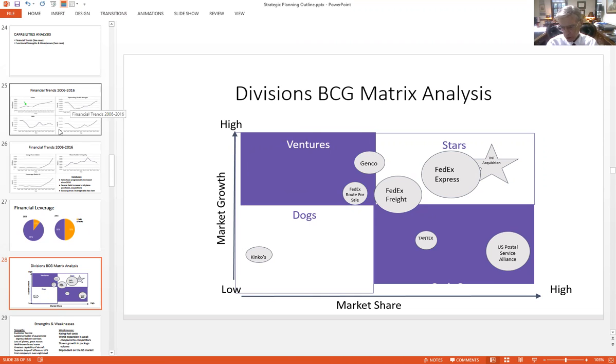You're familiar with these terms about the, whoops, market growth is low. I got the thing in the wrong place.